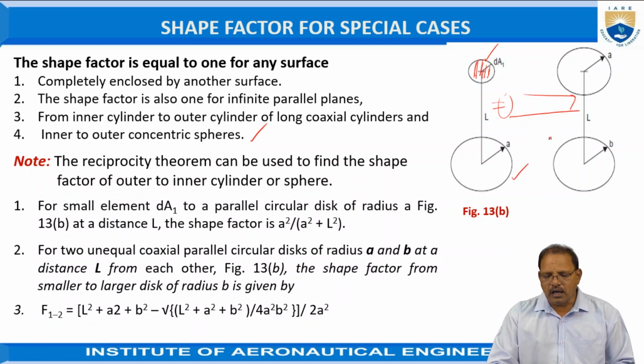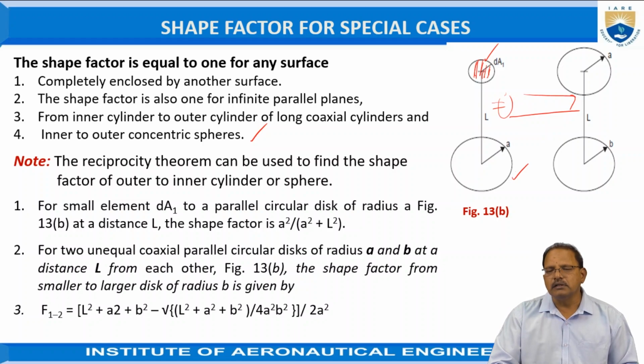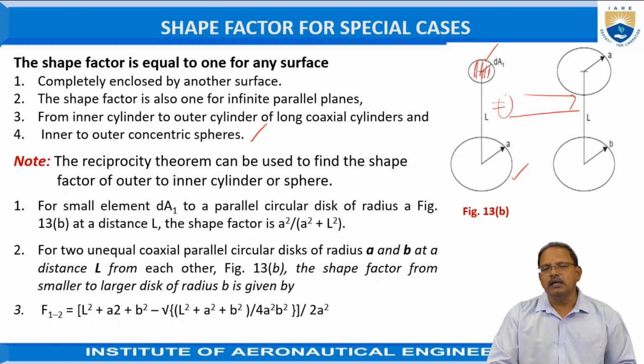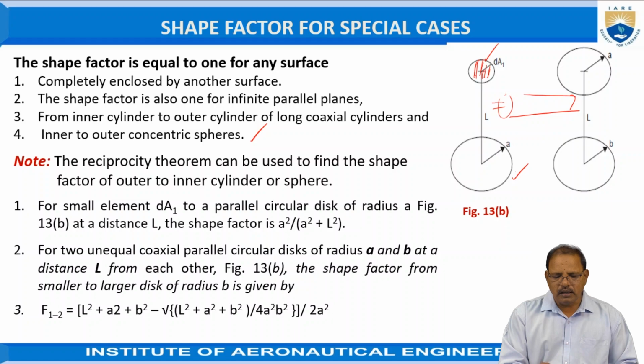A is the radius of the bigger circle, and L is the distance between the two centers of the circles. Then the shape factor is given by A square divided by A square plus L square.